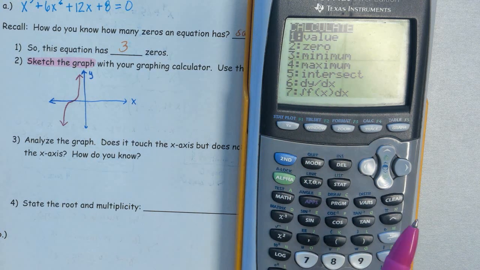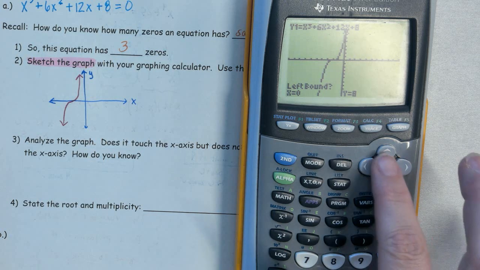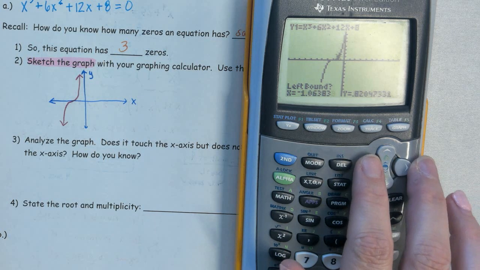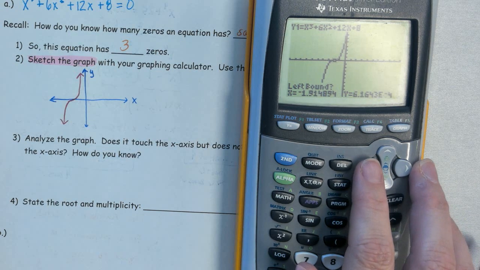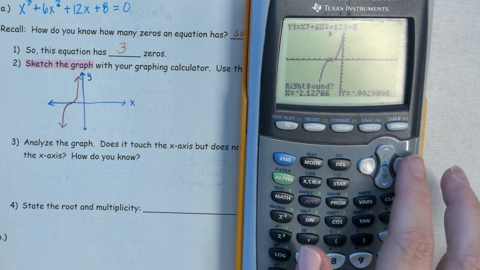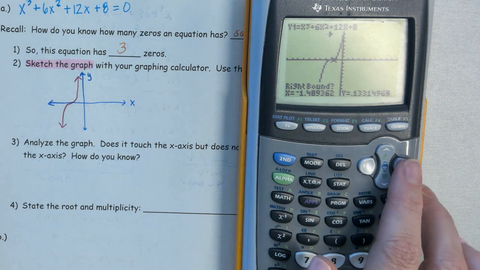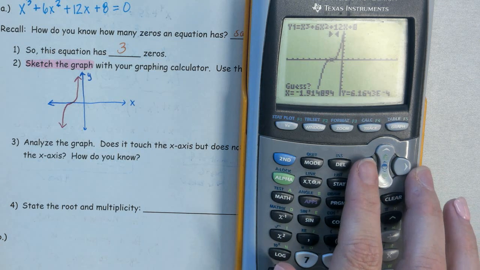So let's go to 2, and then this is very similar to your min and your max. It'll ask you the left bound. So I'm going to go to my 0, or close to my 0, and then go a couple to the left, and then it's going to ask me right bound, and I'm going to go a couple to the right, and then I'm going to try to get this right on my 0.